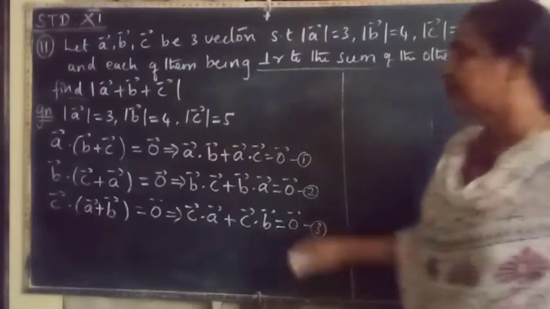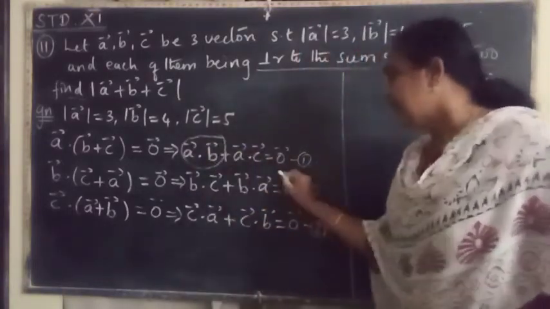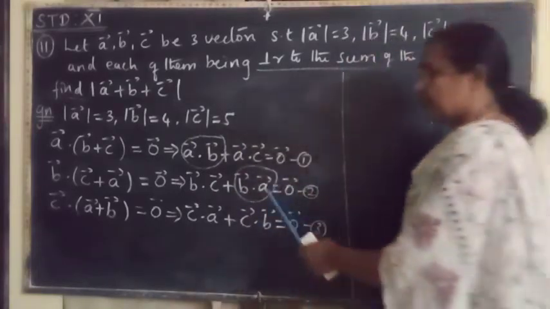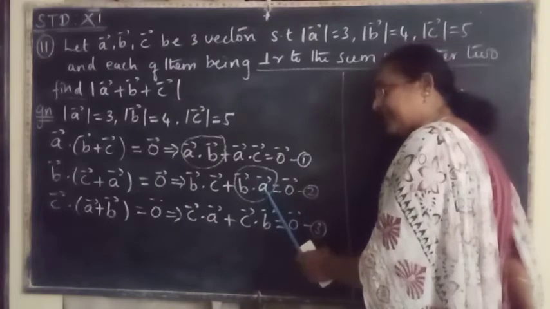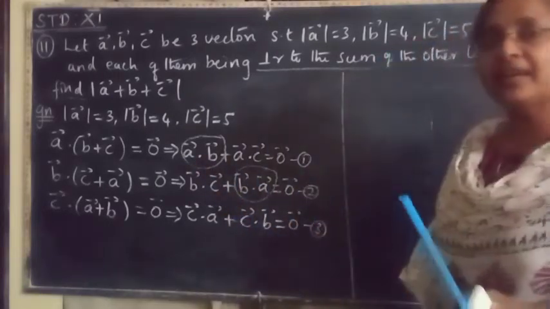Now look into this. I have A vector dot B vector here, and here I have B vector dot A vector. I told you already B dot A is the same as A dot B. So how many A dot B I have? 2.